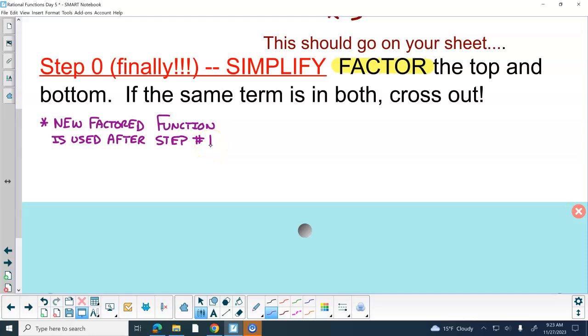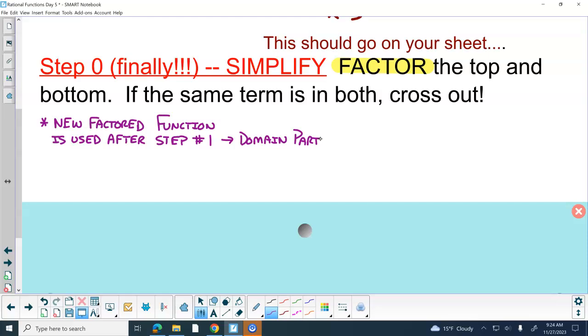So you still use, I shouldn't say it, after, how do I want to say this? We'll say the domain part. After you find the domain of your function, then you use your new factored form the rest of the way out.